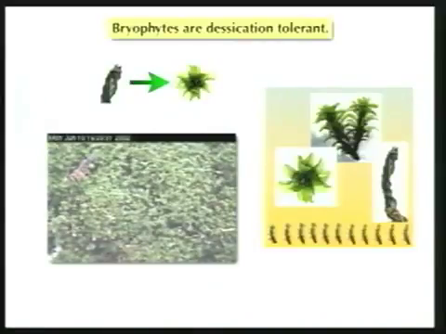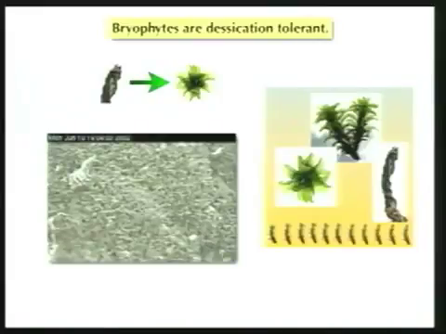And so not only can the spores withstand desiccation, but the actual vegetative body of the plant can dry out essentially completely in the bryophytes that at least occur in seasonally dry environments or perennially pretty dry environments. And they look for all practical purposes to be lifeless when they're in that state. You can't detect any metabolic activity.